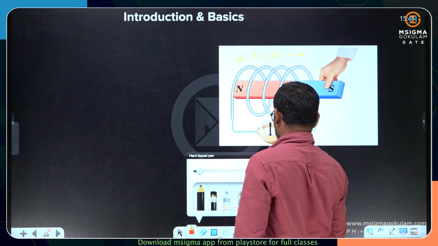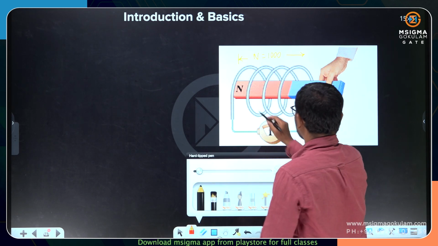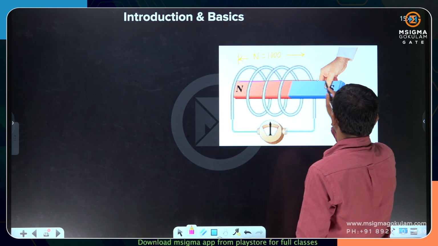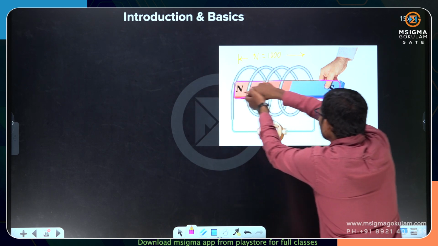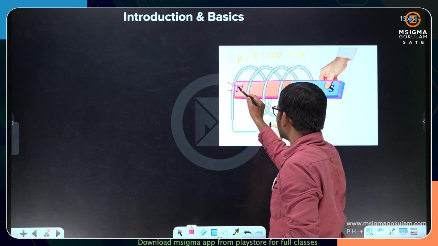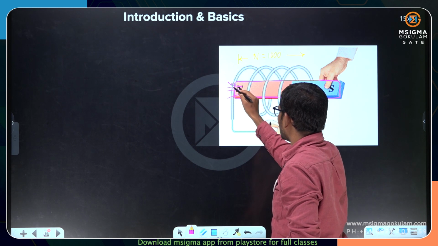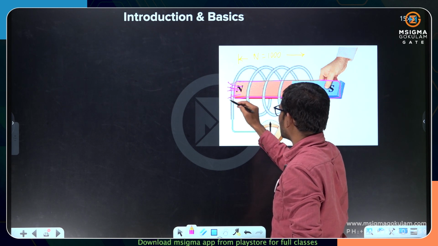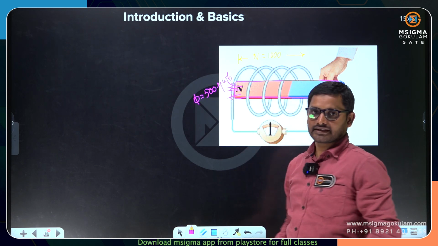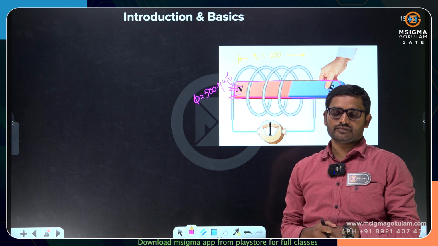From this 1000 turns I am removing a bar magnet like this. This is the bar magnet, and we are withdrawing it completely. At the end of the bar magnet, the flux lines are 500 microwebers.